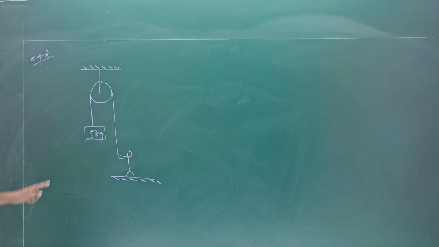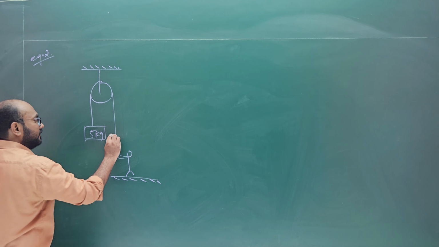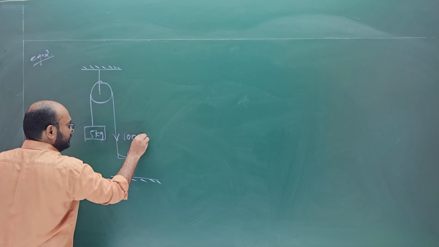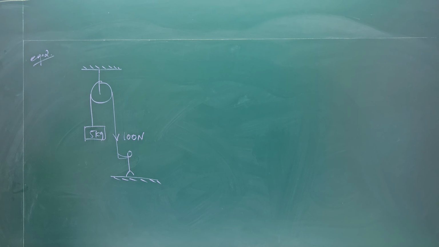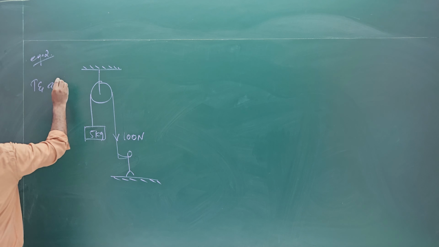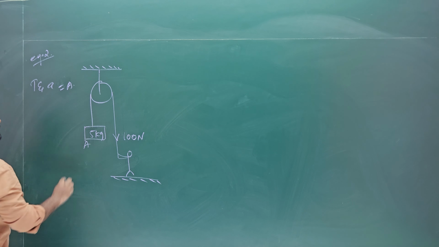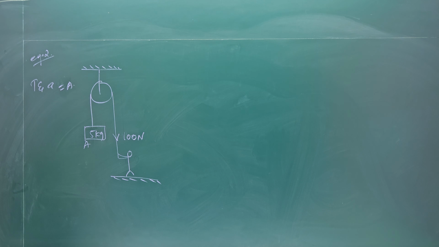So only one mass this time. The pulley is again fixed, and this person is applying a force of 100 Newton in the downward direction. Question: find T and A of block A. Find tension and acceleration on the 5 kg mass.